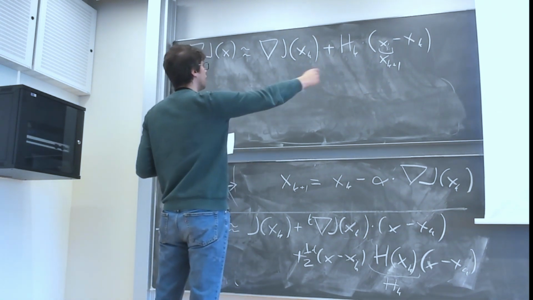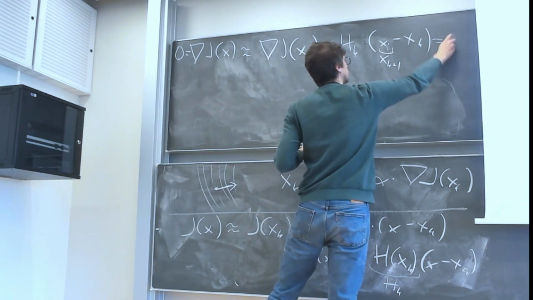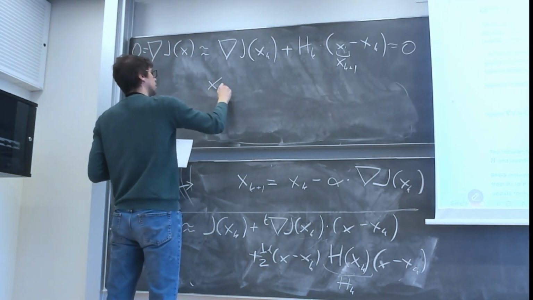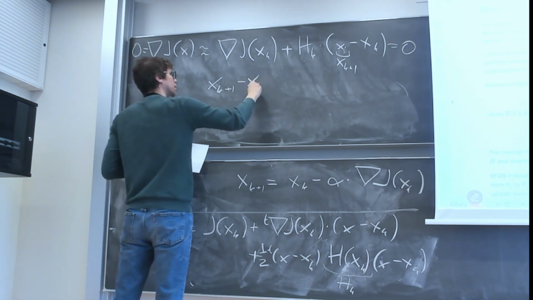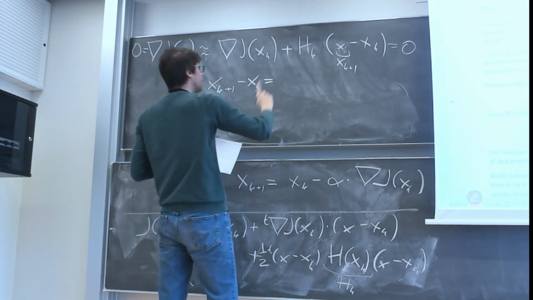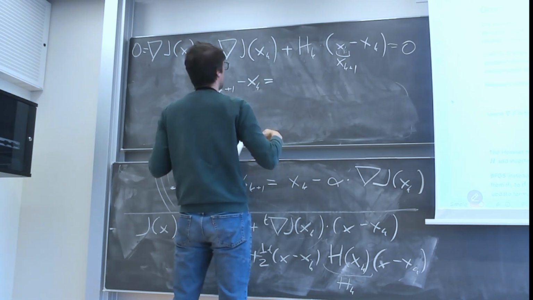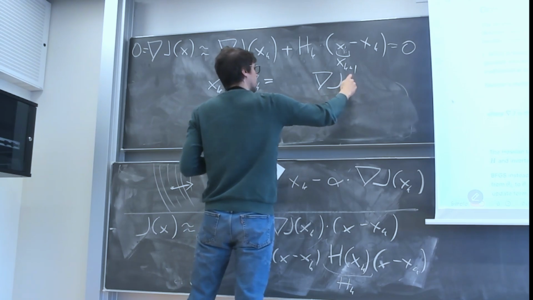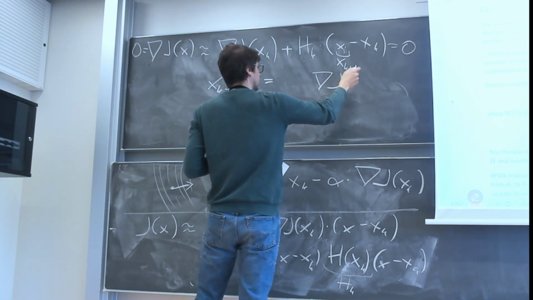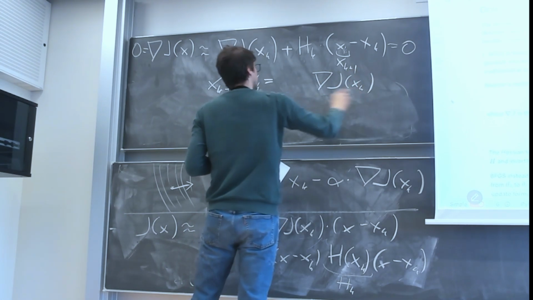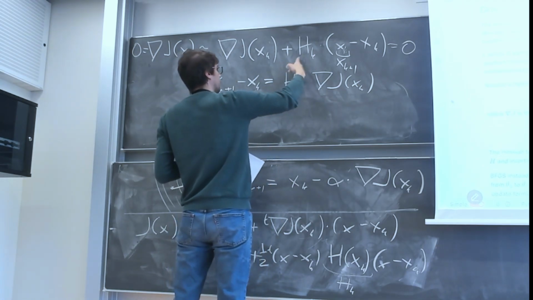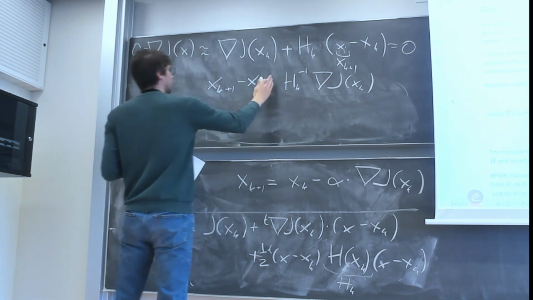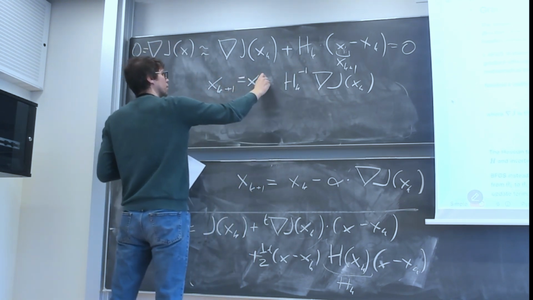If we put all this to 0, then we get xk plus 1 minus xk, just this. And if Hk is invertible, then we can put this equal to nabla, the gradient of j of xk. We multiply by the inverse of Hk from the left, so this is Hk minus 1. Then we're just putting this on the other side.